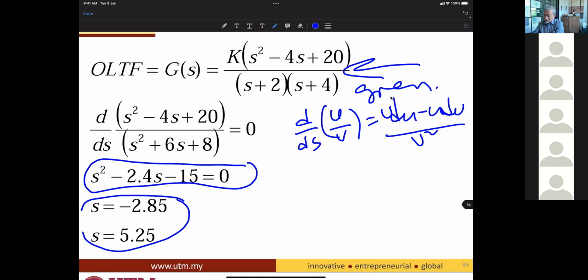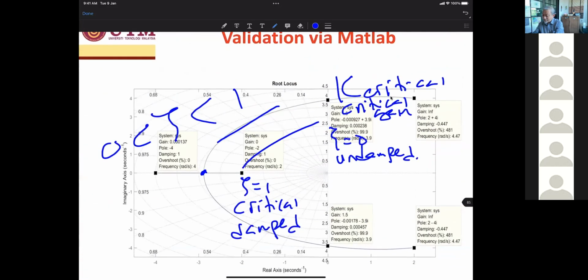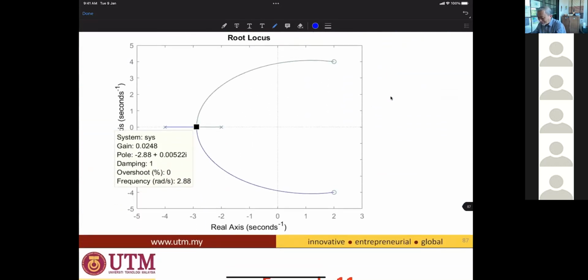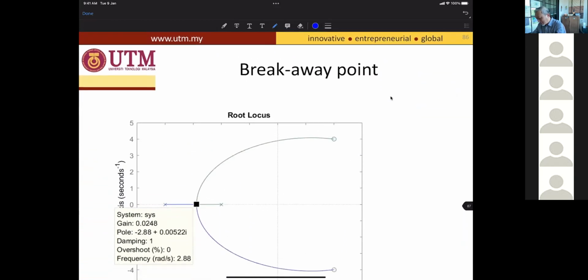Minus 2.85 or positive 5.25? Minus 2.85. Why? Because it is located at left hand plane. Bukan left hand plane, left half plane. Left hand ni tangan kiri. Left half plane. Cuba sebut. Left half plane. Bukan left hand. Tak boleh. Maafkan.